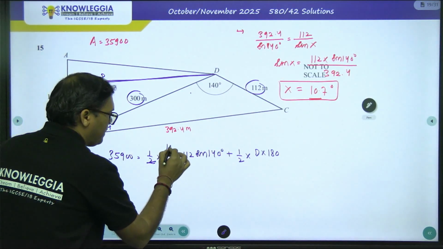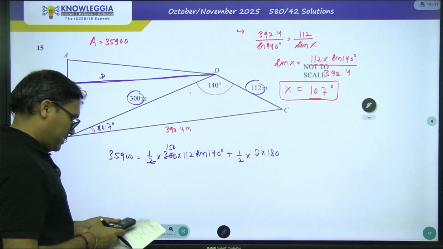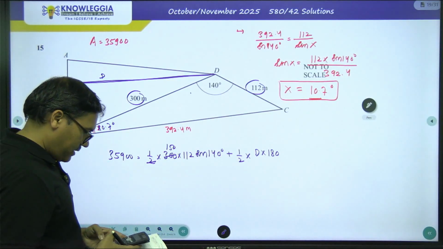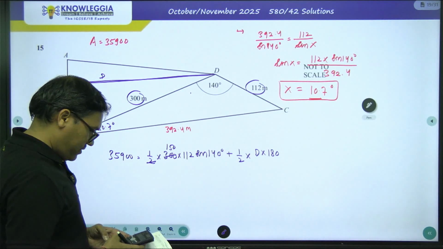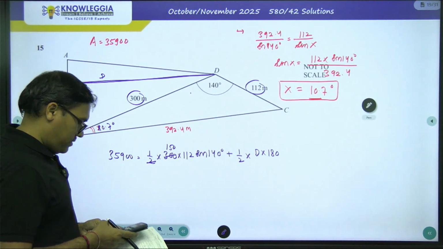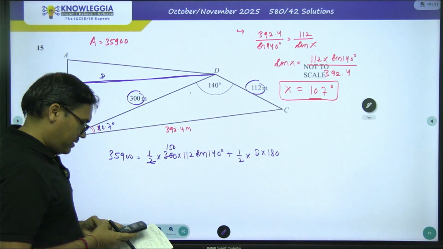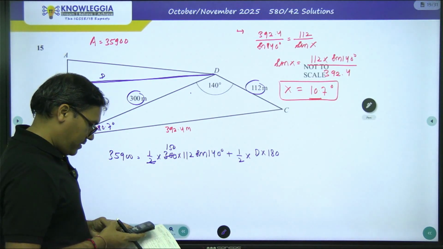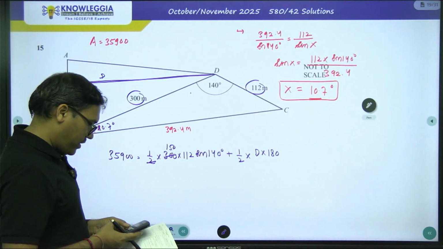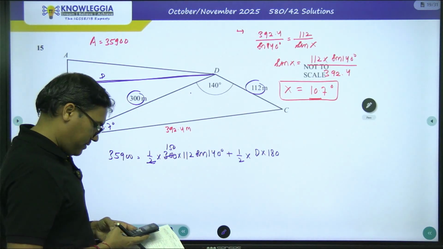We will subtract: 35,900 minus 150 into 112 into sine 140 degrees.